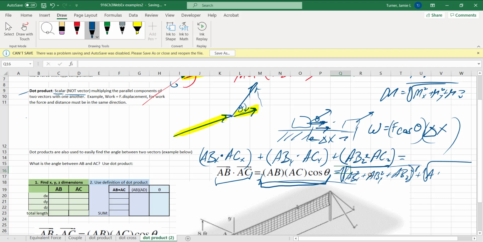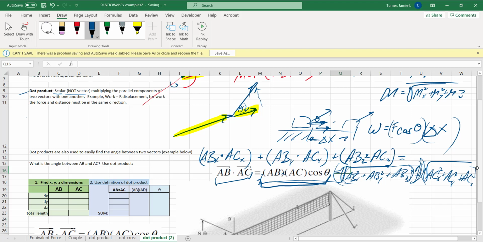So we're looking at the x component of c squared and then the y component of c squared and the z component of c squared, and we're going to take those two magnitudes and multiply them by one another. And then the cosine of the angle, we can do this dot product divided by these magnitudes multiplied by one another.